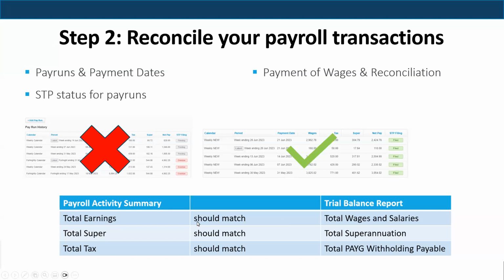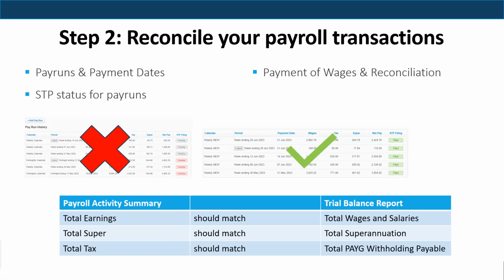So total earnings should match total wages and salaries, total super should match total superannuation, and total tax should match total pay-as-you-go withholding payable. So there are our two reports, payroll activity summary and trial balance report. And these are the things that we need to match up.